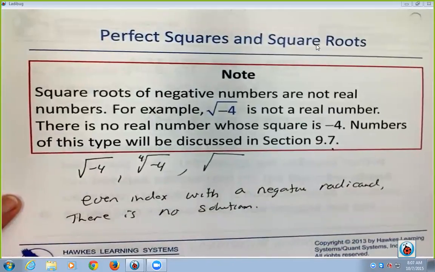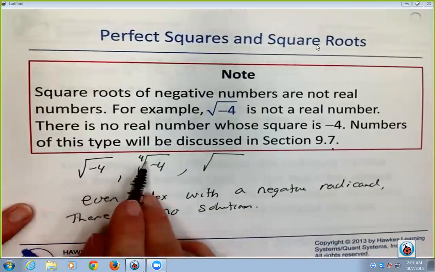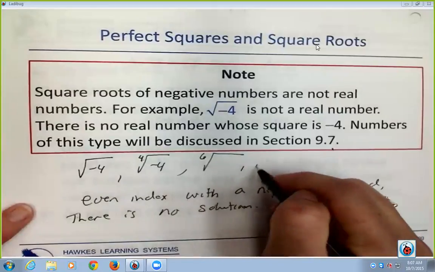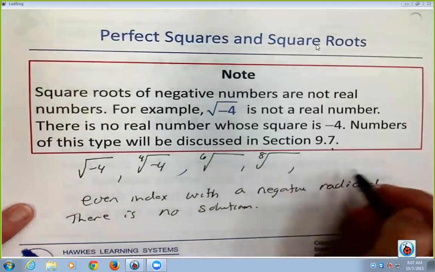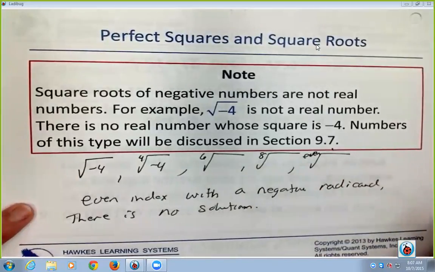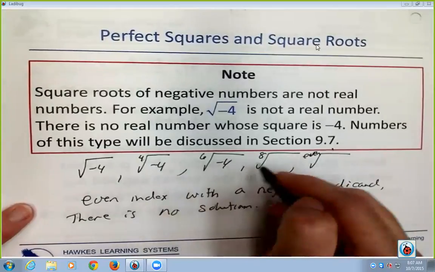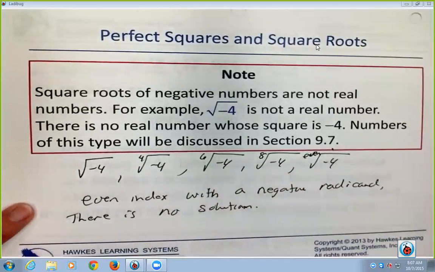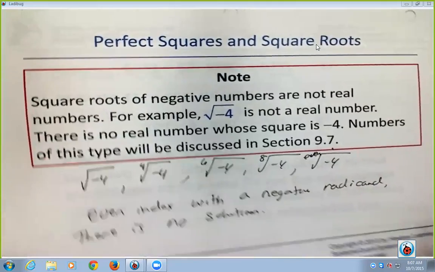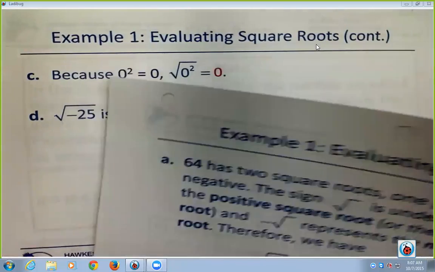When we get into 9.7, we'll have a solution for those. But for right now, if you have an even root, such as a square root, a fourth root, a sixth root, an eighth root, and I think you get the idea, if you have an even index, you cannot take anything that has a negative value underneath it. Okay, so do be aware of that.